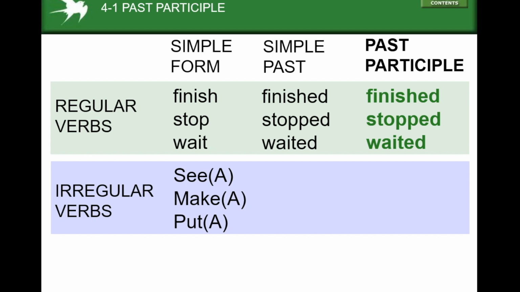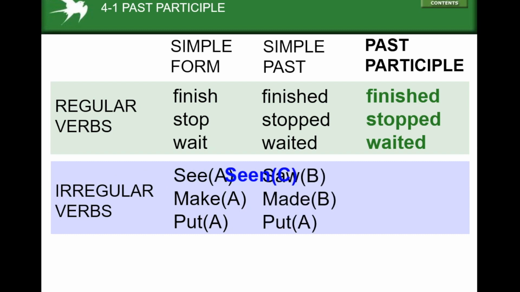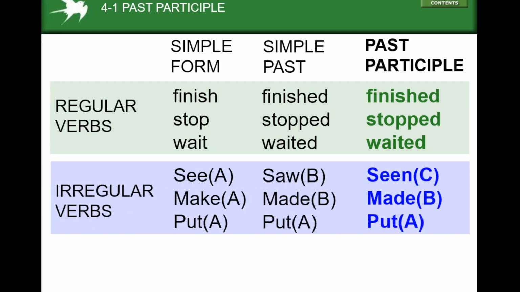As for irregular verbs, sometimes the second and the third verb are different. For example, see, saw, seen. Sometimes the second and the third verb form are the same.